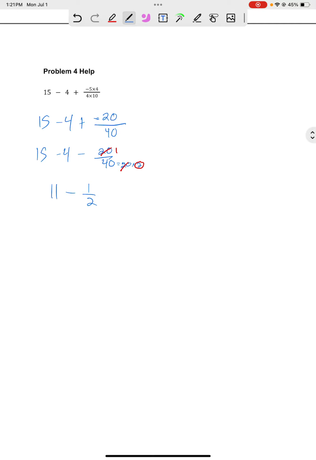And you would get either 10.5, just from subtracting 1/2 away from 11, or, if it's more appropriate in your setting, a third possibility would be the improper fraction of doing 2 times 10 plus 1 to get 21, all over 2. So any of these would be appropriate solutions.